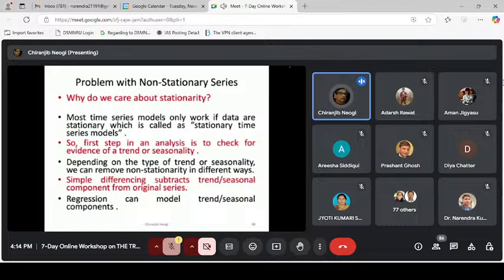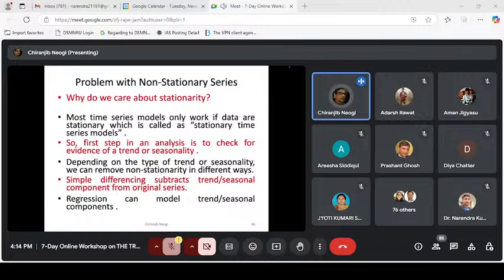Now, there is the problem of non-stationary time series. Why do we care about non-stationarity? As I told you, if the series is non-stationary, it is difficult to use some common tools of econometrics for the analysis of the variables or the analysis of the relationship between variables. Most time series models only work if the data are stationary, which is called a stationary time series model.